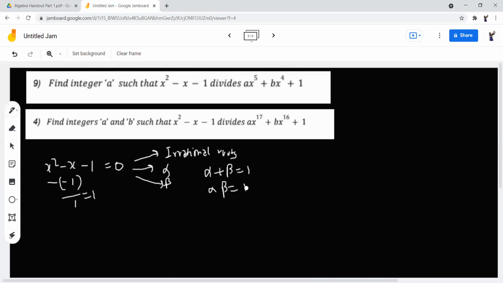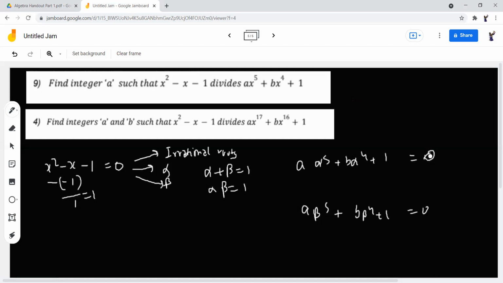Now let us put alpha and beta in this equation. What we get is a alpha power 5 plus b alpha power 4 plus 1 equals 0. This is one equation, and the other equation will be a beta power 5 plus b beta power 4 plus 1 equals 0.